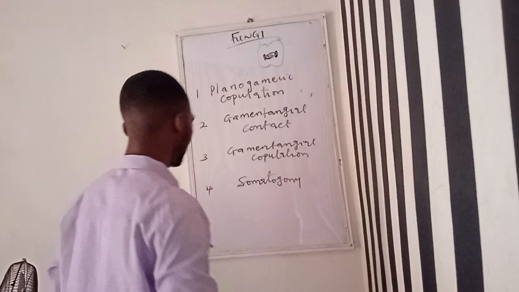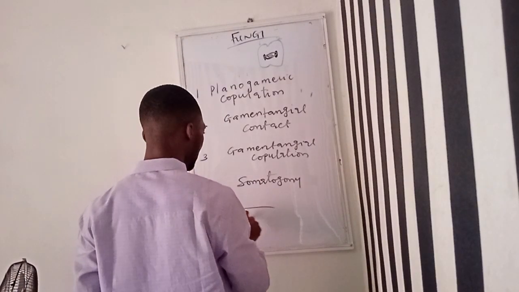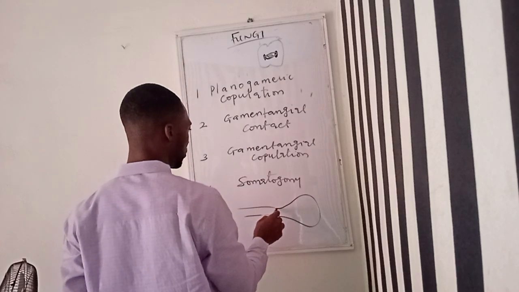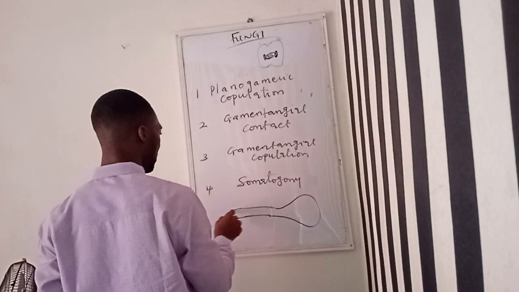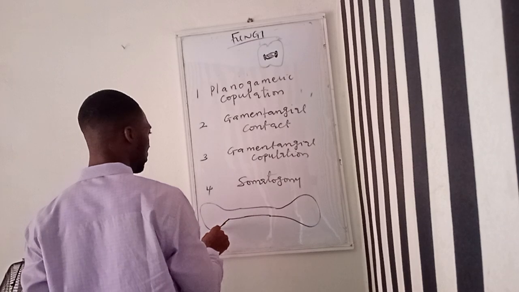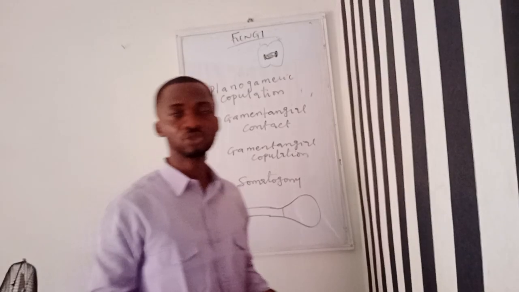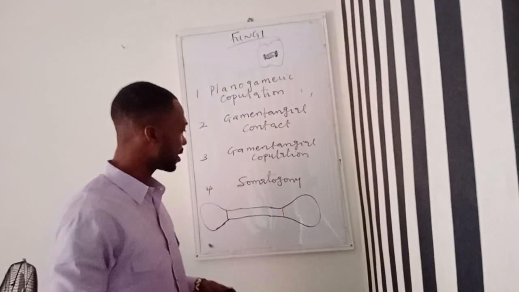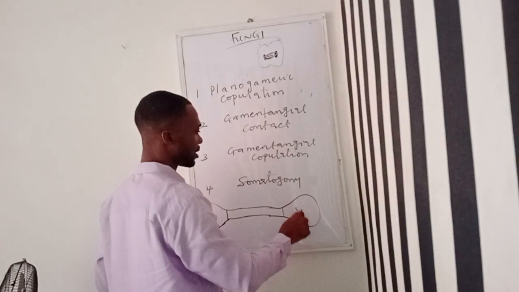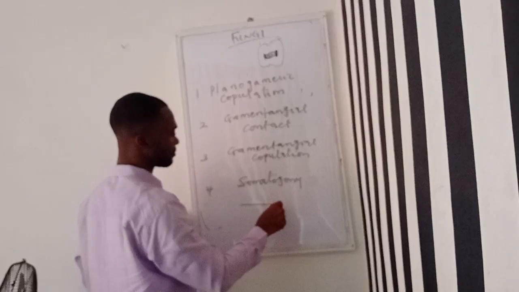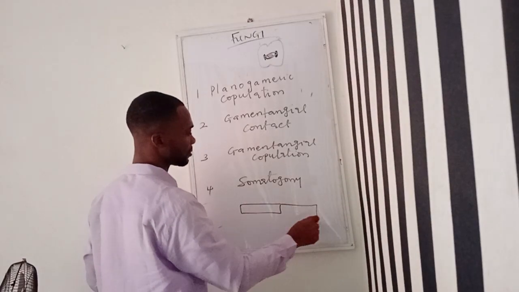Then in somatogony, a group of fungi do not have reproductive structure, and since they don't have reproductive structure, their somatic body takes up the function of reproduction. This is a fungus, this is another fungus.